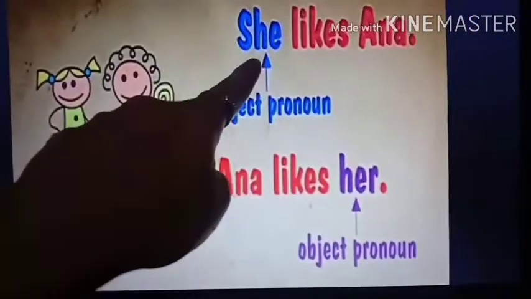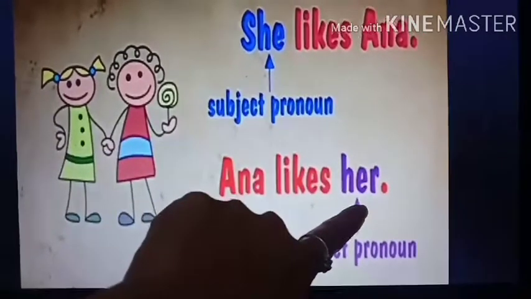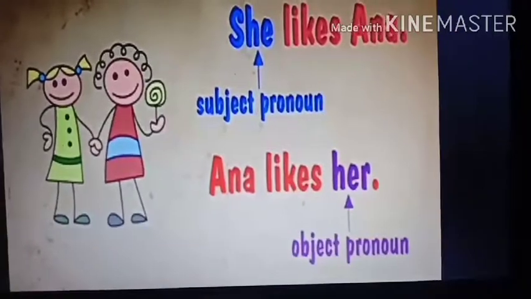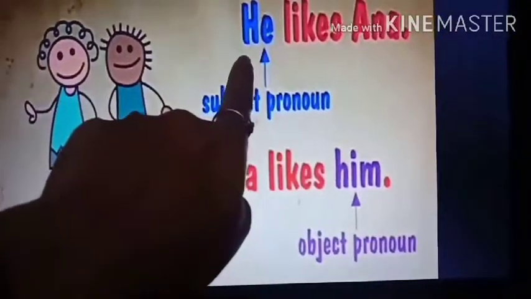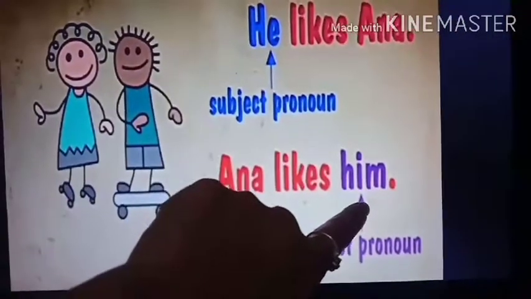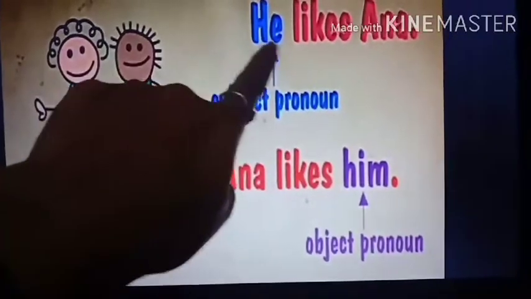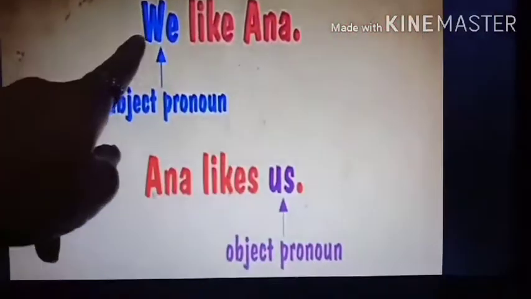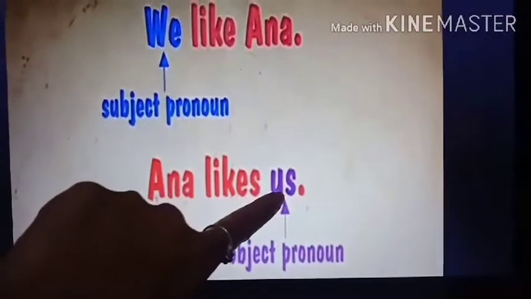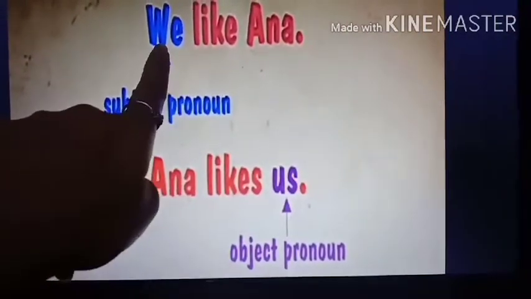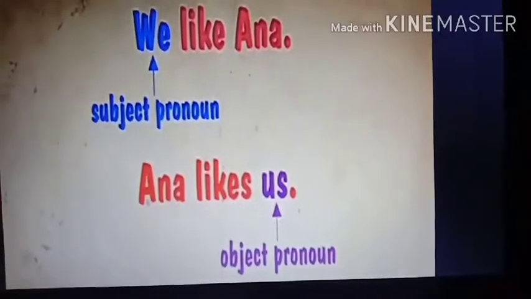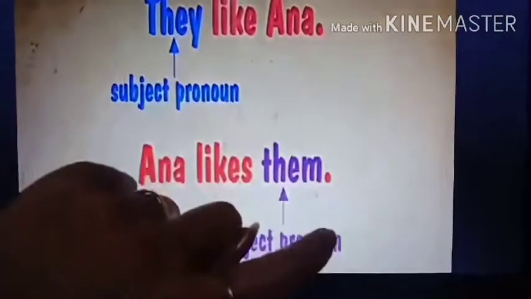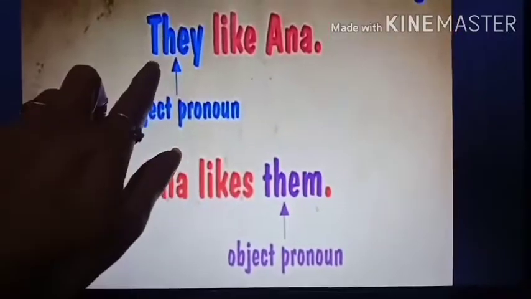Then the object pronoun of she is her. Then the object pronoun of he is him. Then the object pronoun for we is us. The object pronoun for they is them.